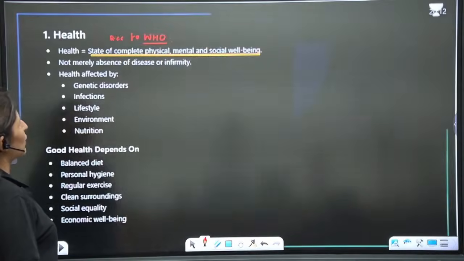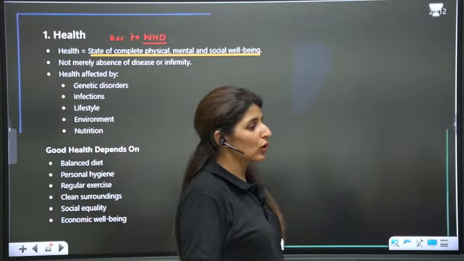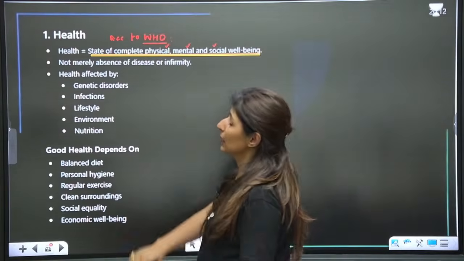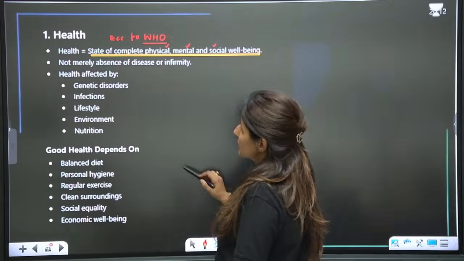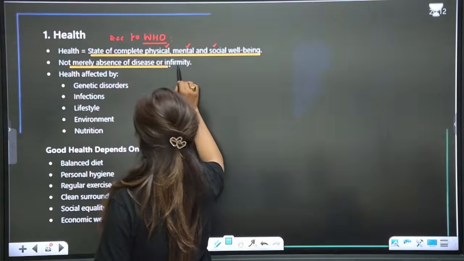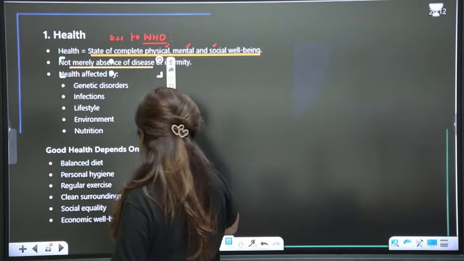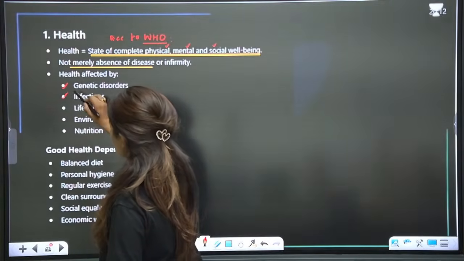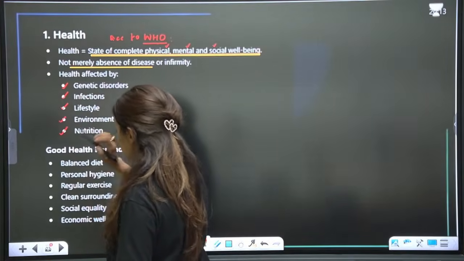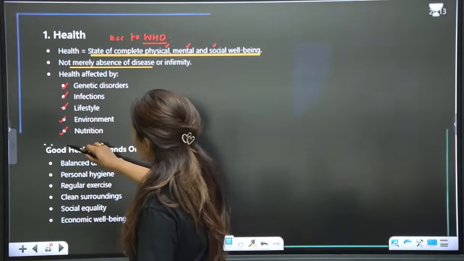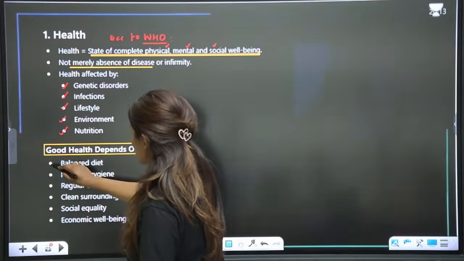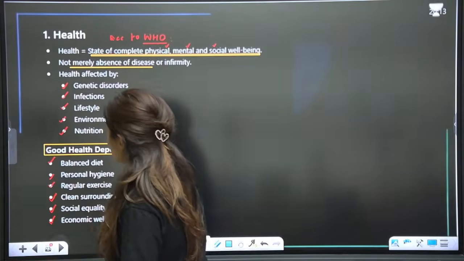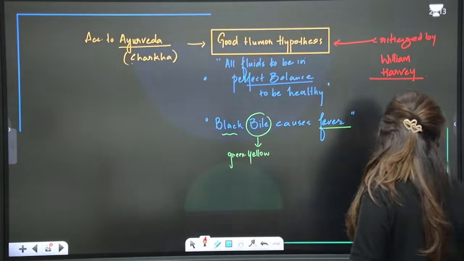Eventually we found a better definition according to WHO, who said that it is a state of complete physical, mental, social well-being. Is that clear? And not merely an absence of disease or infirmity. Is this clear? So health is affected by genetic disorders, infections, lifestyle, environment and nutrition. So good health will of course depend on balanced diet, personal hygiene, regular exercise, clean surroundings, social equality and economic well-being. These are the basic things that we already know.